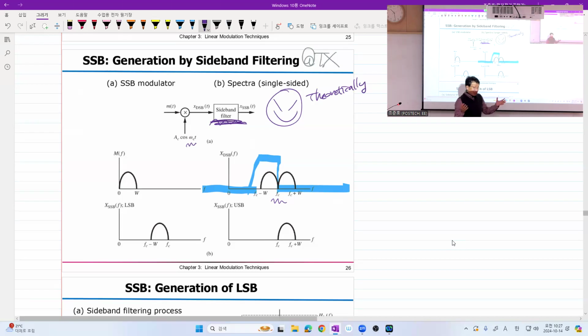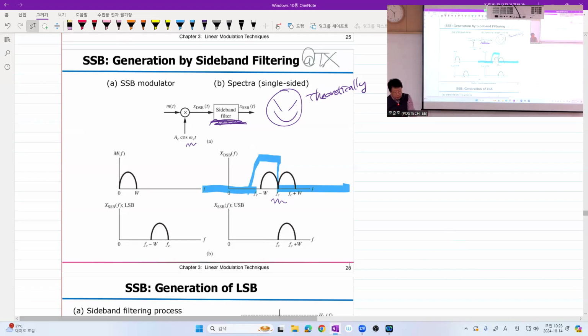So after the conception of this single sideband idea, the problem becomes a kind of trade-off research now. So how can we cost-effectively implement a single sideband transmitter? Right? So what would be the solution?